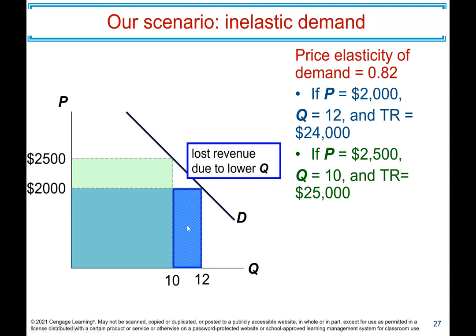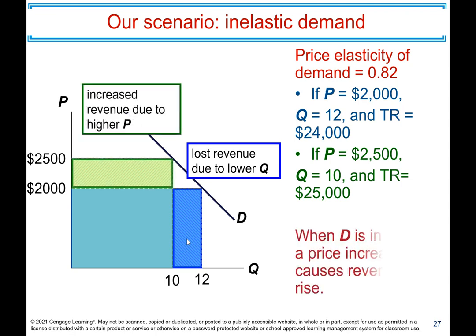The blue rectangle is lost revenue due to lower quantity. And the green rectangle is increased revenue due to higher price. When demand is inelastic, a price increase causes revenue to rise.